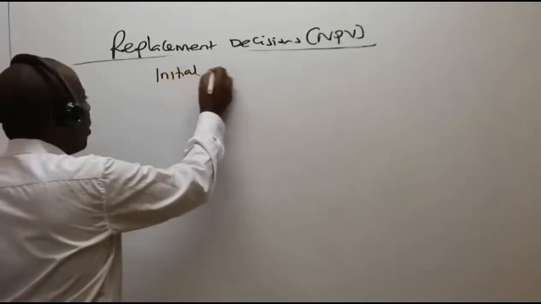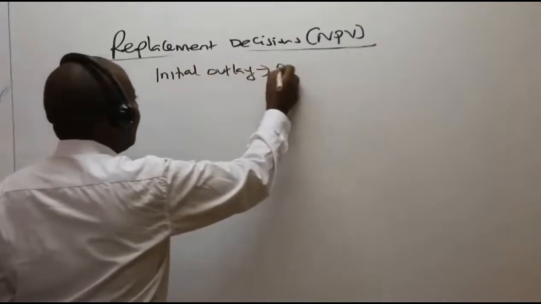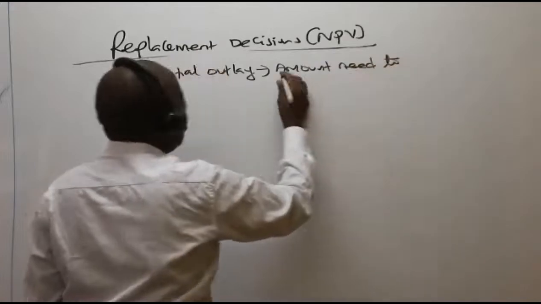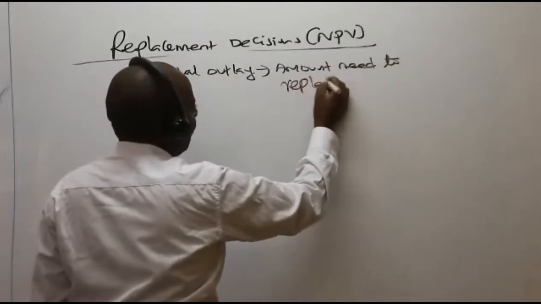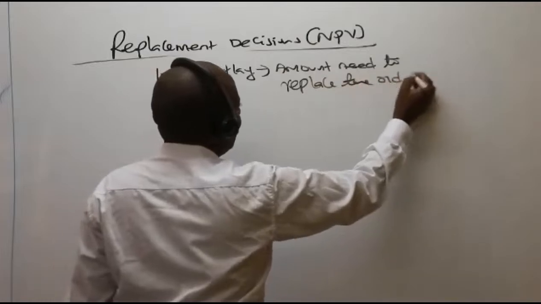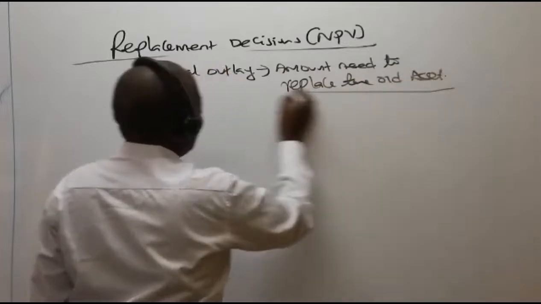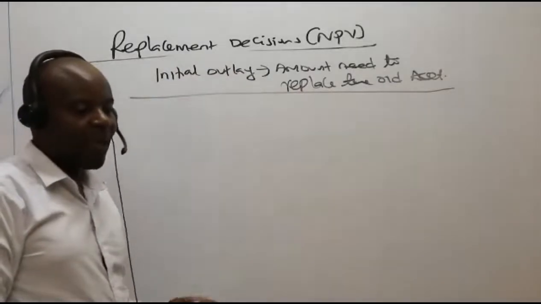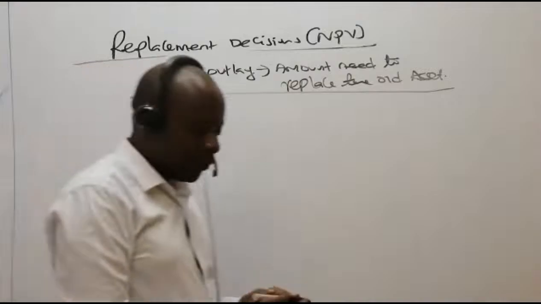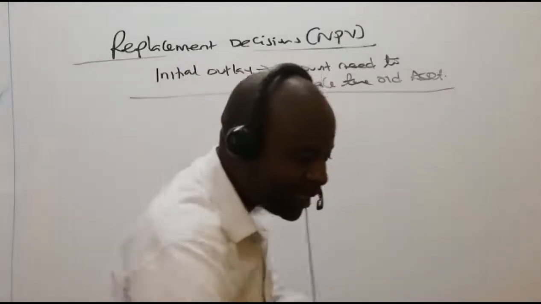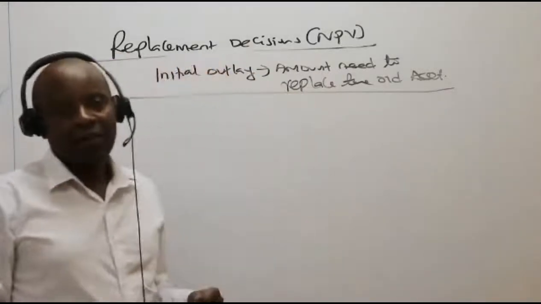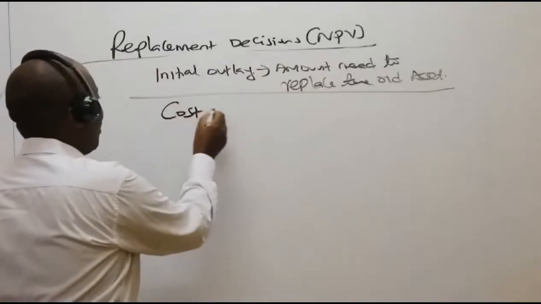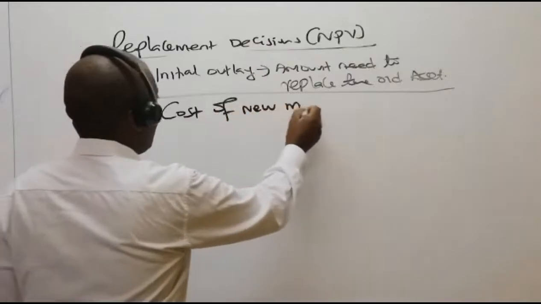The initial outlay amount needed to do the replacement, to replace the old asset, the amount needed today in order for us to replace the old asset. This is easy, very easy, because I look at the cost of the new machine. So we have here cost of new machine.